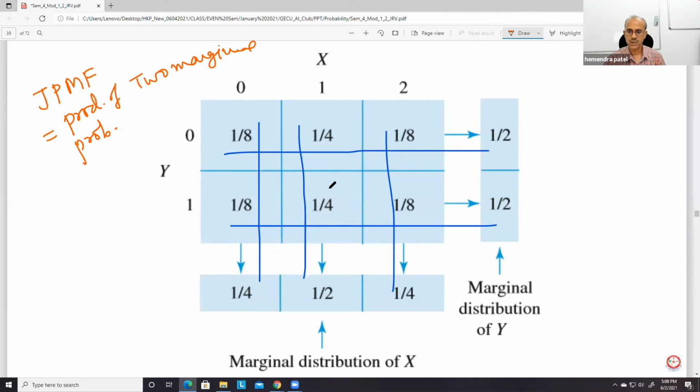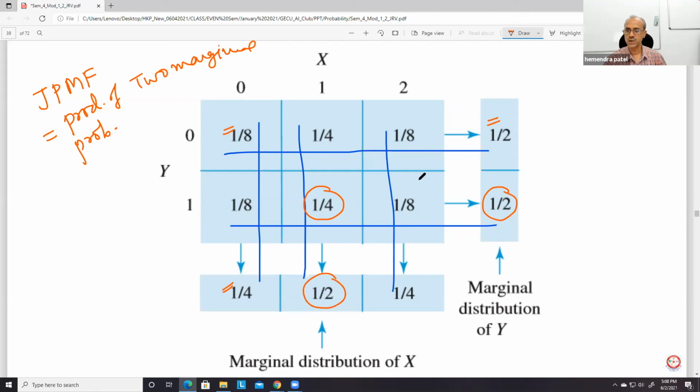So for example, this is one example. This joint probability mass function value is 1/4, and corresponding to this, the marginal is this one. Or if you take, say this 1/8, then you can see that this 1/8 is the product of 1/4 and 1/2.